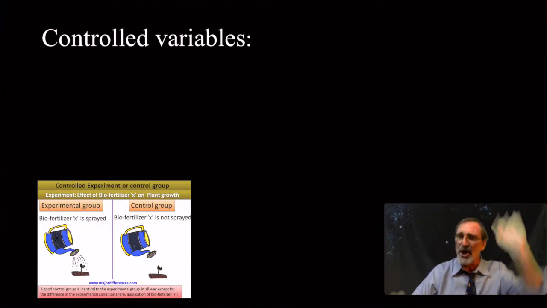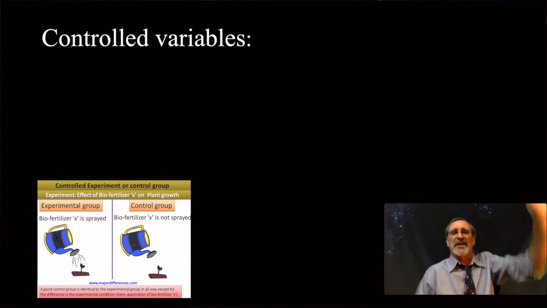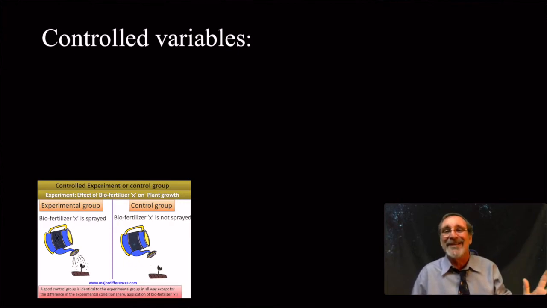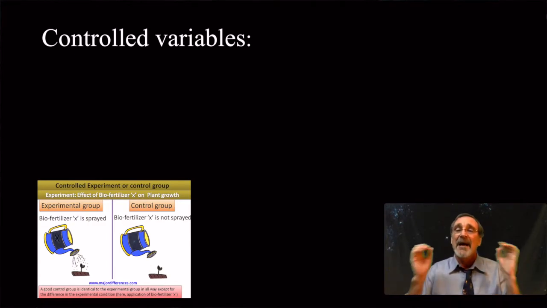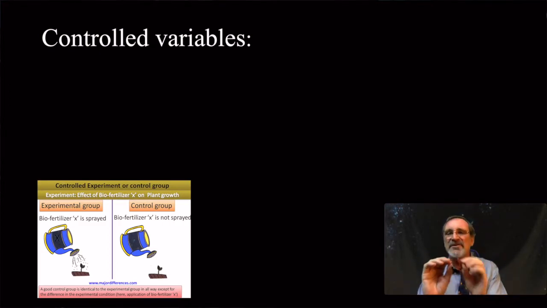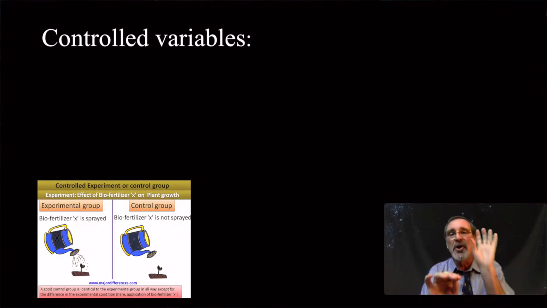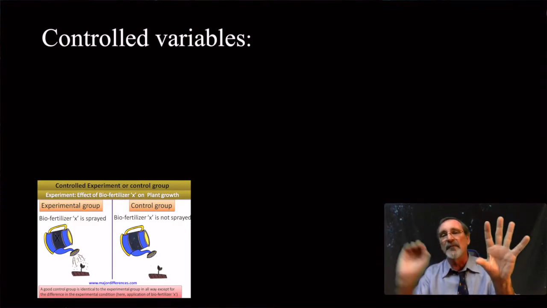You don't get to choose, hey, I want to be in the group that gets the vaccine. You don't know which group you're in. And again, it's all explained to a person that's involved in that. They understand you may be getting it, you may not be getting it, because that's what makes it a fair test. If you have enough people and they're randomly selected, there should be no difference statistically, one group versus the other.